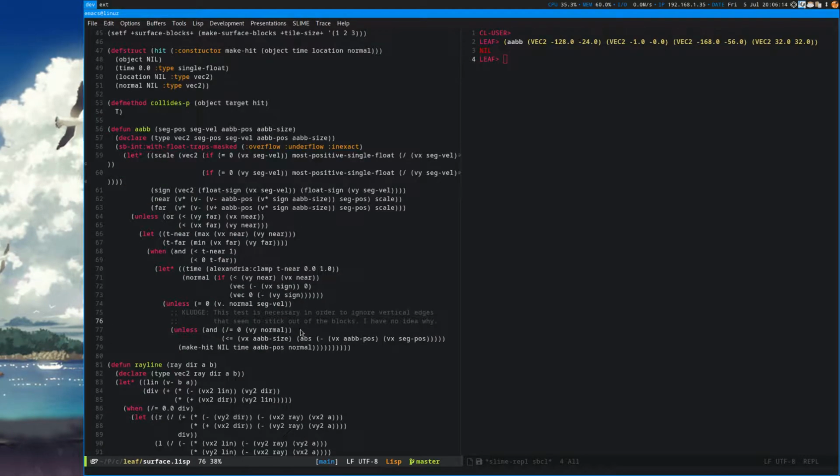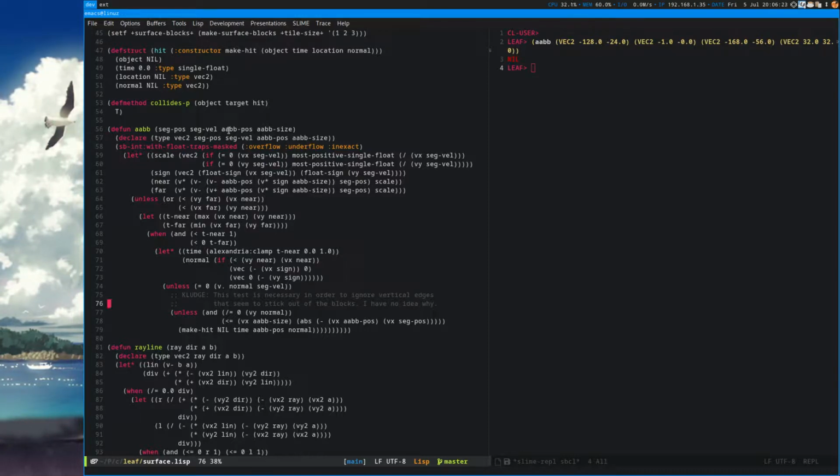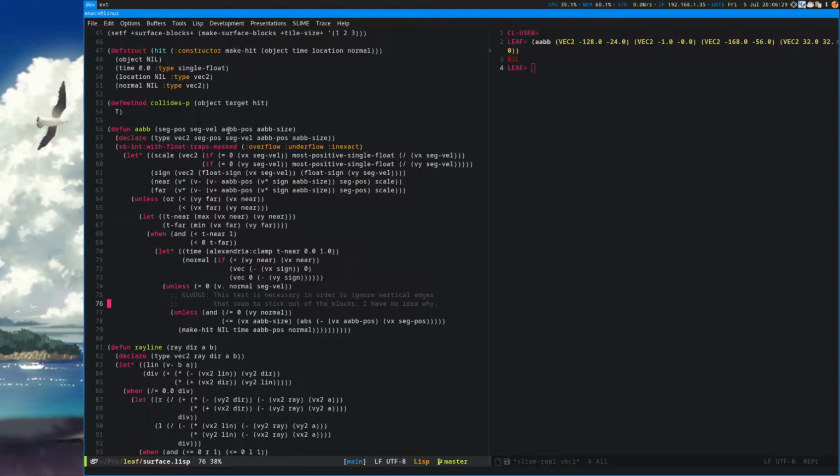Where's AABB? There it is. Segment pause, segment velocity. AABB pause. I'll be cleaning my kitchen for a bit. I feel there's a slight stink coming from something and can't figure out what. Alright, get rid of that stink.